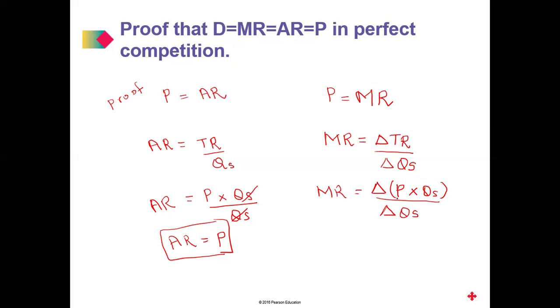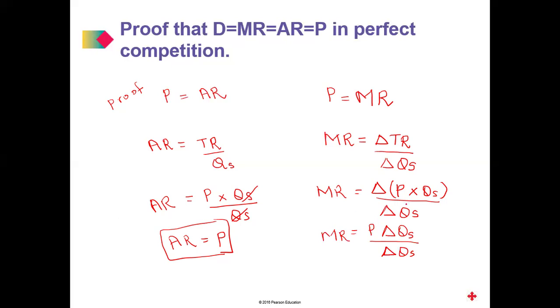But in perfect competition, the price remains the same. Price is fixed. The only quantity sold is changing. Now, this triangle represents the change. So we are going to show this change next to quantity sold because price remains the same. So we cannot show this change next to price. We are going to represent this change next to quantity sold. And we are going to divide this by change in quantity sold.